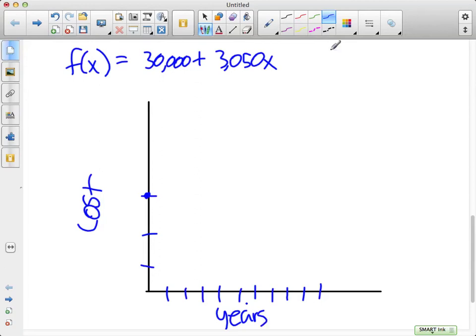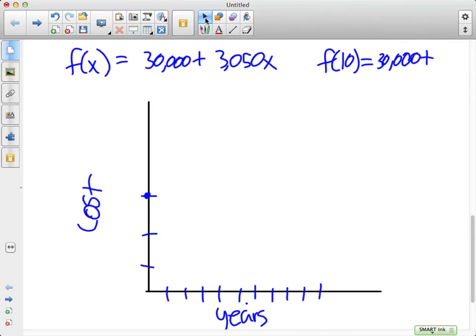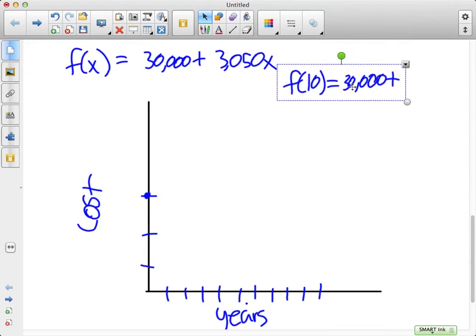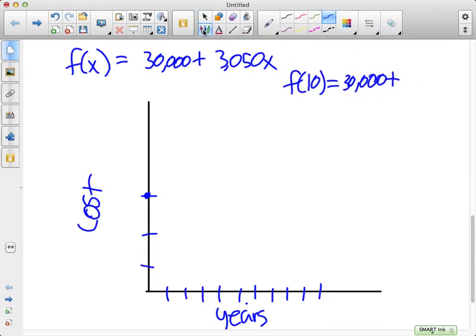So I just need to find one other point that's on this graph. So f of 10 would be 30,000 plus 3,050 times 10, which is going to equal 60,500.